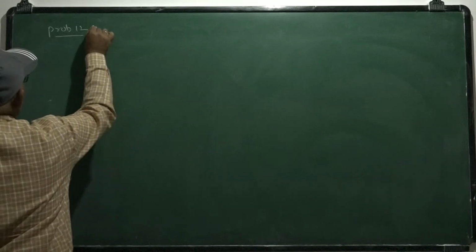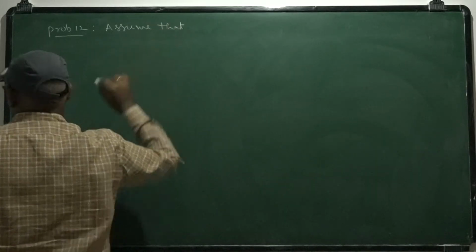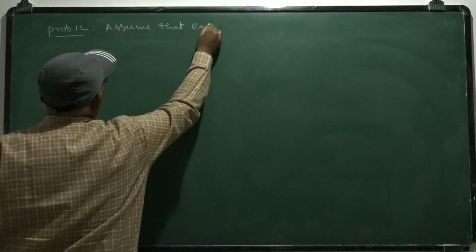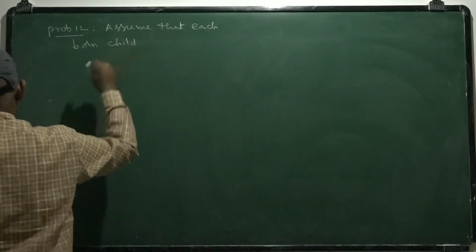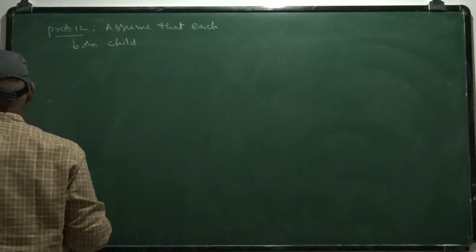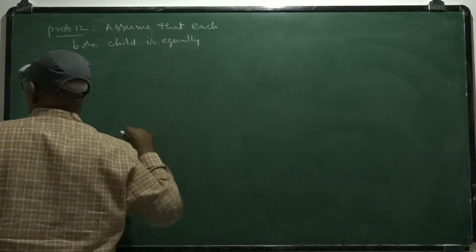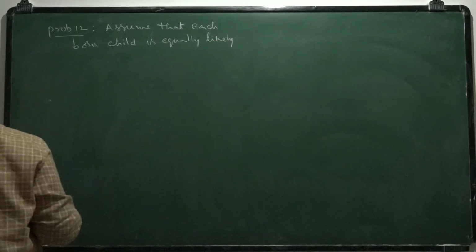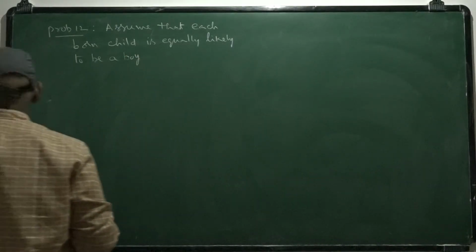Problem number 12. Assume that each born child is equally likely to be a boy or a girl.